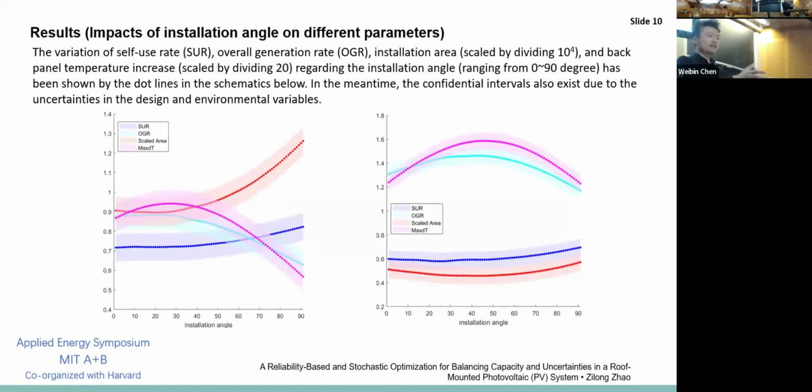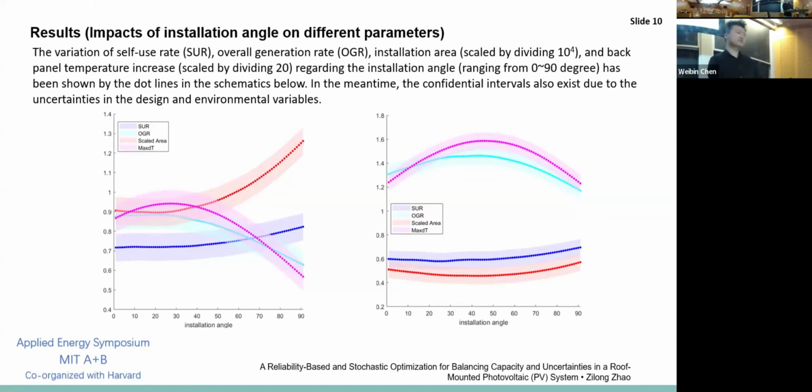This is some preliminary results when there's no uncertainty and no probability, to give you a general idea of how these variables change along with the variation of installation angle. For example, the SUR is the self-use rate, which is calculated from the output power from PV that is used by the building directly, divided by the total power generation.